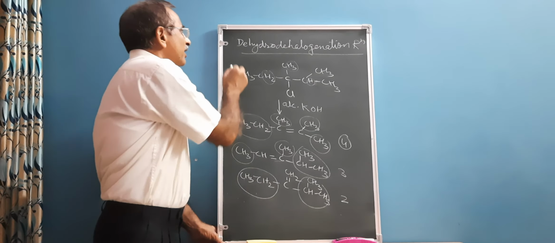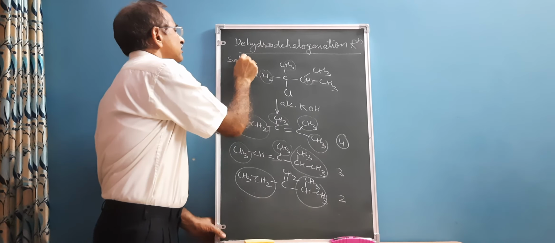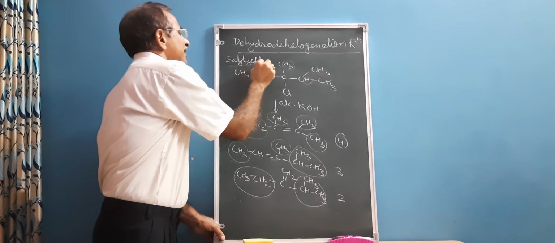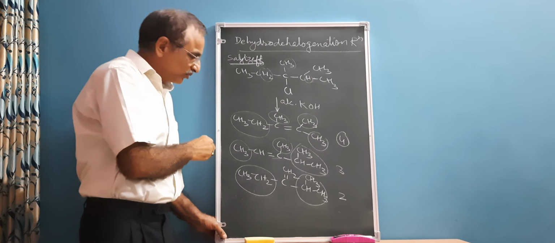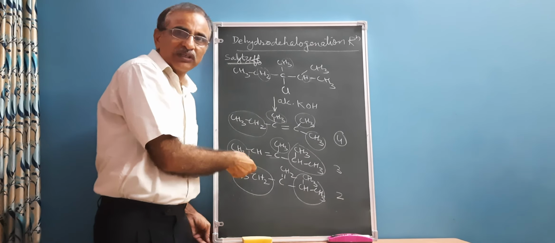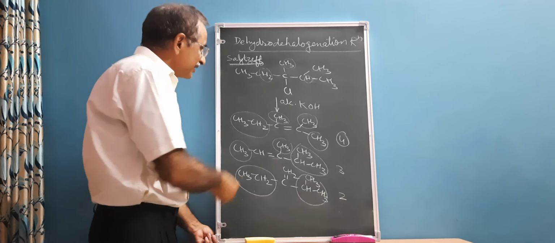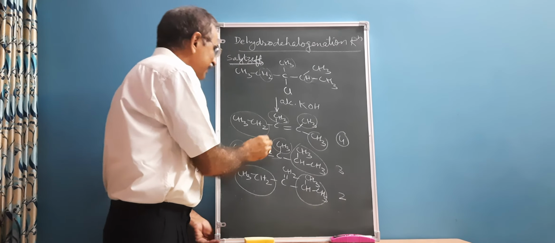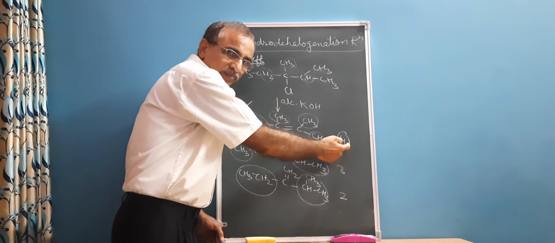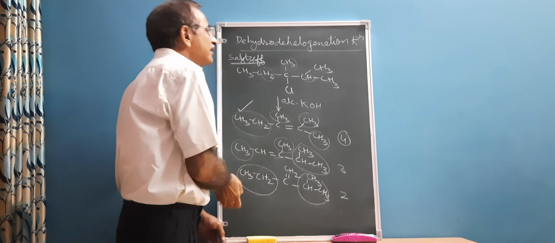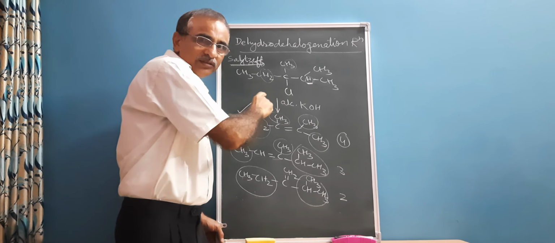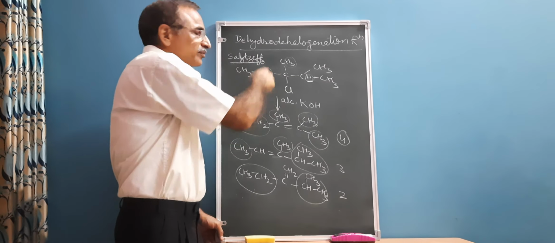According to Saytzeff rule, when you apply the Saytzeff rule, a more substituted alkene will be formed. In that case, we can easily observe that the first alkene will have the higher number of substitution. This is the reason why hydrogen from the carbon containing lesser number of hydrogen is being removed. And this is as per Saytzeff rule.